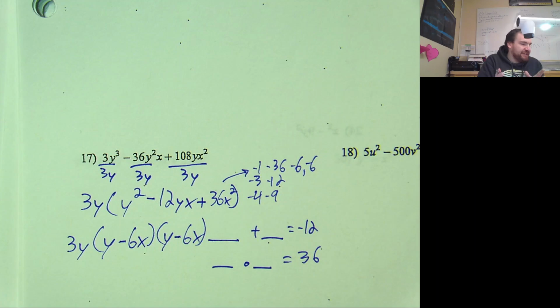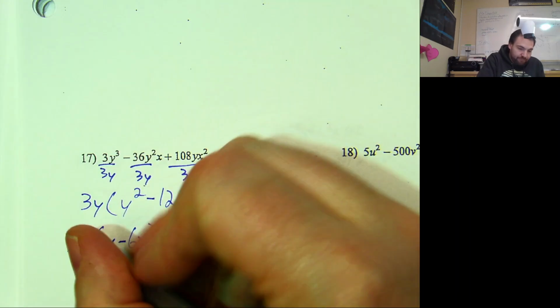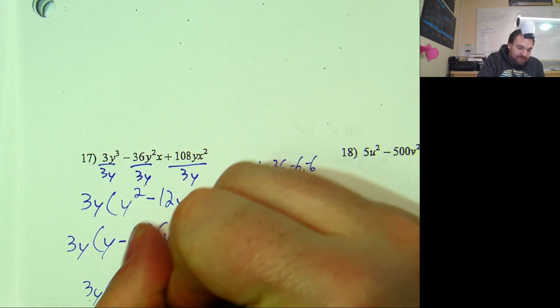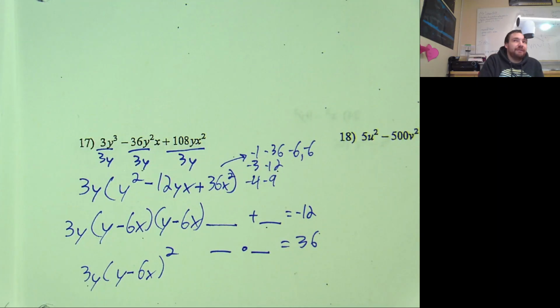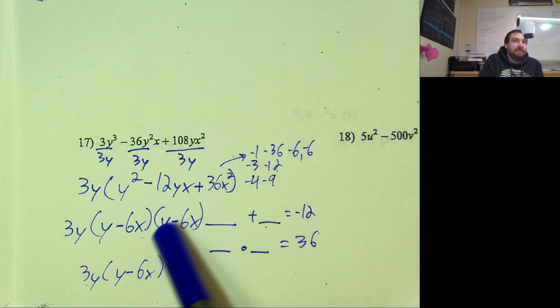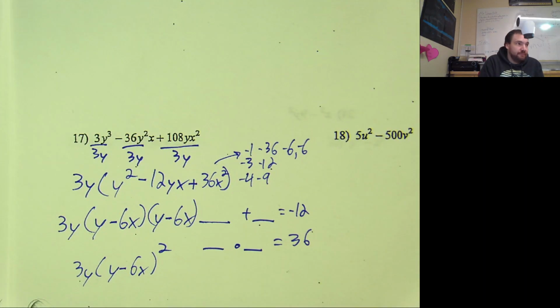If you look at the answer key, how could we write this when we have the factors here that are the same? You could write it like this, 3y times y minus 6x squared. The answer key might have it written like this. This is the same as this. And you're done. So it would still be correct if we wrote it either way. Carmen, does that make sense?